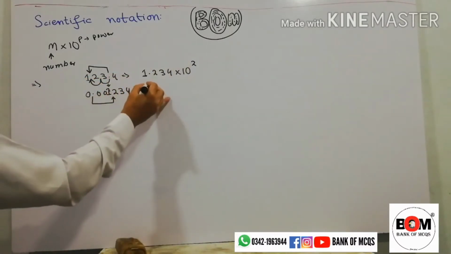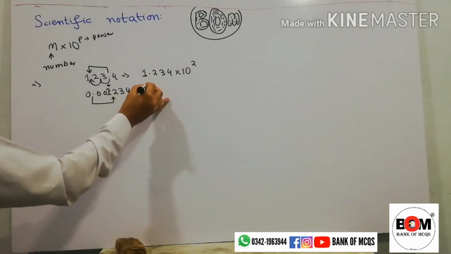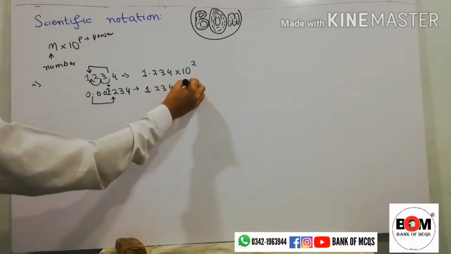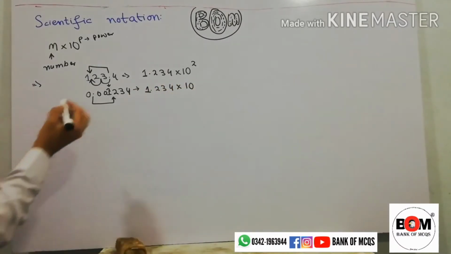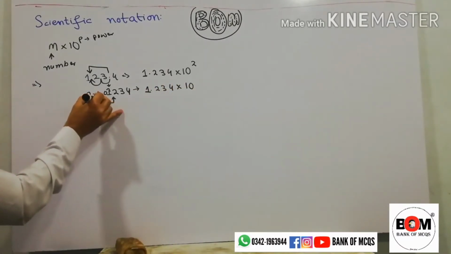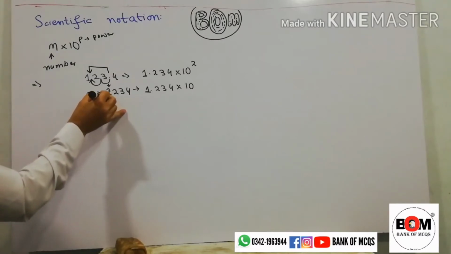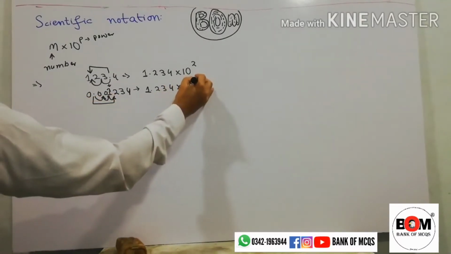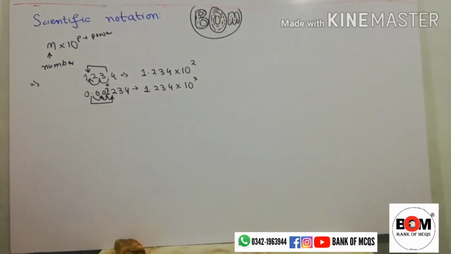The next case is 1.234 multiplied by 10 raised to the power. The power depends on the movement of the decimal. Here it covers one number, then 0, then 0, so it has covered 3 digits, so the power will be 3.